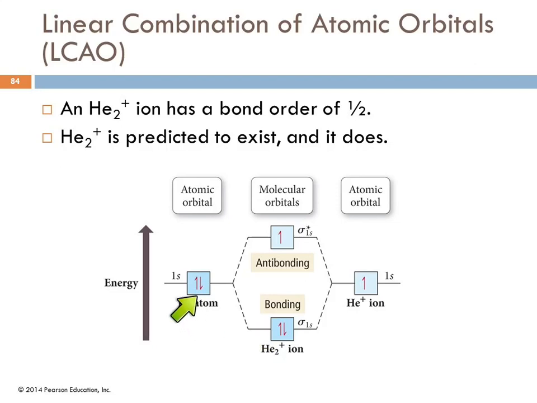Now we have 3 electrons, so we'd put 1, 2 in here, and the third one would go up there. That changes the bond order. So we have 2 in the bonding orbital and 1 in the antibonding, and we divide that by 2, and we get a bond order of 1/2. It's positive.